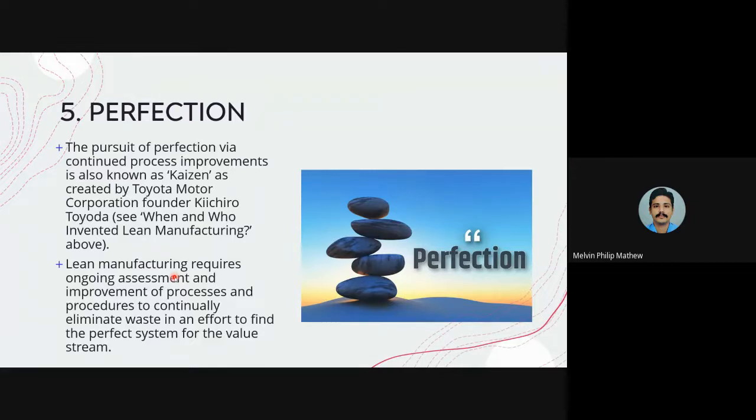What it means is that we are eliminating waste procedures, the wastage of material, or the wastage of time. Each wastage is reduced and an optimized system of production or work is set for a perfect lean manufacturing system. So that is coming under perfection.